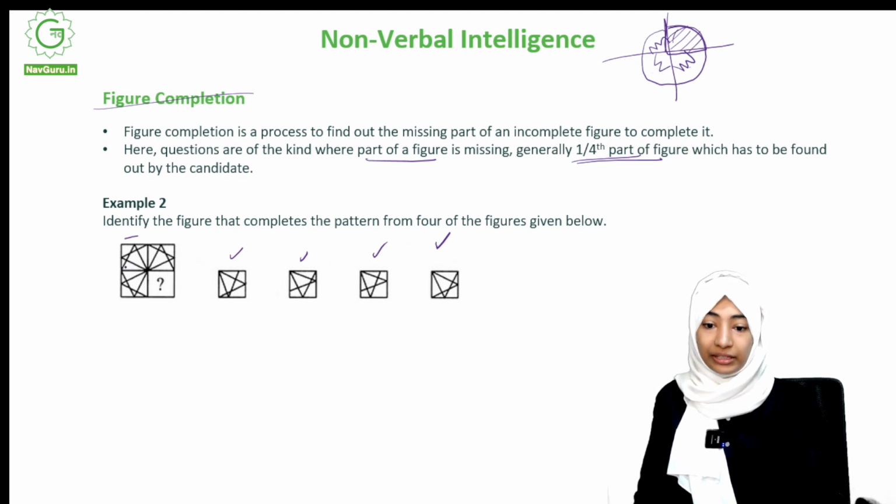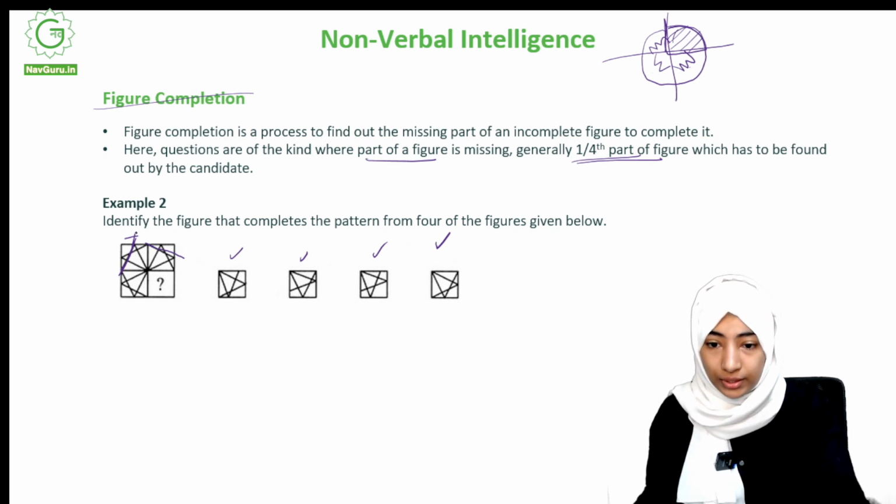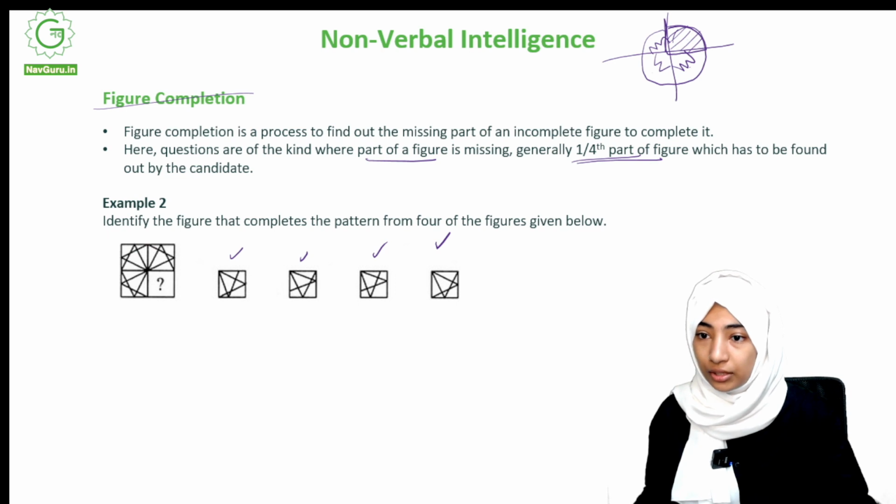Try looking at different lines. So one, you have a line like this. There's a line like this, and then there is a line in this other figure. There is a line like this. I'll take a different color so that it pops out.